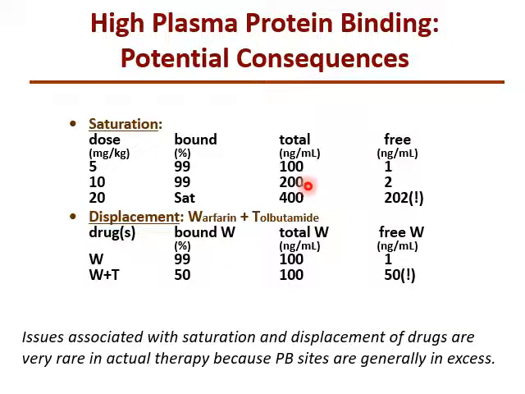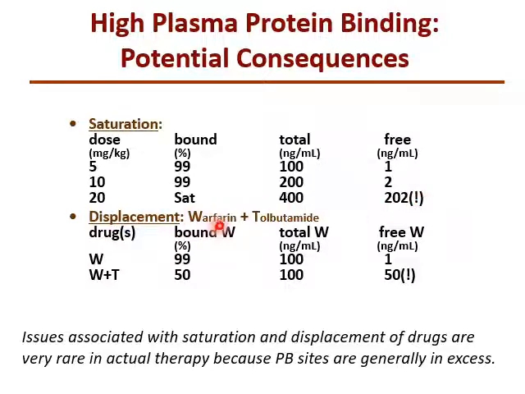Nothing mysterious about that. But the concentration of free drug goes up at first in proportion to the dose, and then when you reach saturation, all the additional drug in the circulation is unbound free drug. So for a small increase in dose, we get a whopping increase in free drug concentration. And since it's the free drug concentration that matters, that can be a dangerous situation.